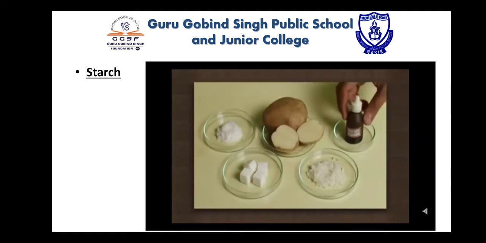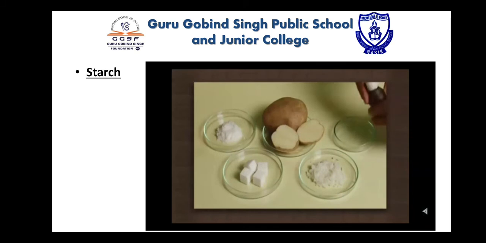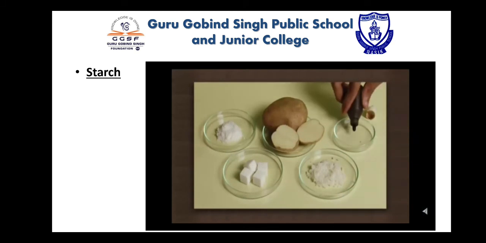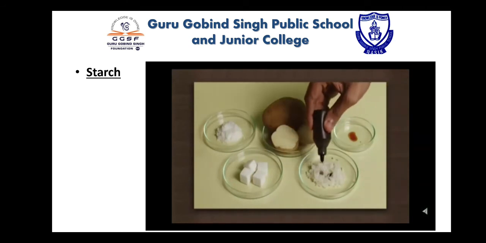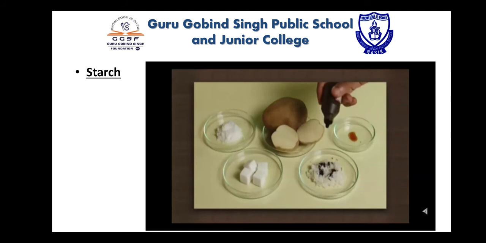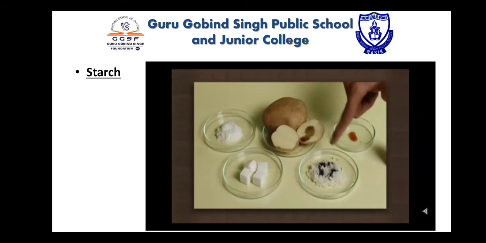For this, we will need iodine solution, which is yellow-brown in color. Note the change in the color of iodine as it is put on the rice and potato. Both turn the iodine blue-black.